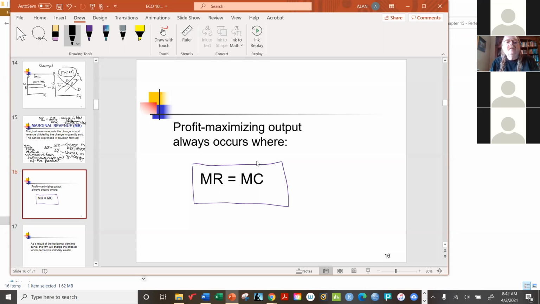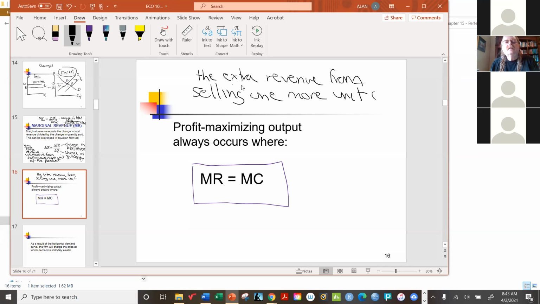Okay, and what this means is that the extra revenue from selling one more unit of the good equals the additional or extra cost of producing it.